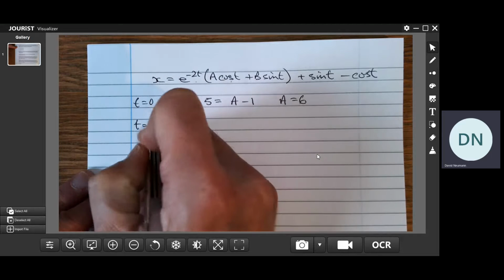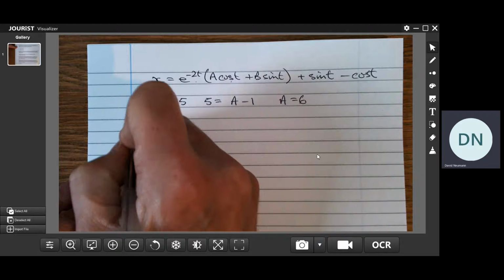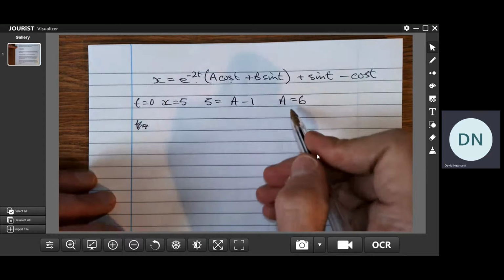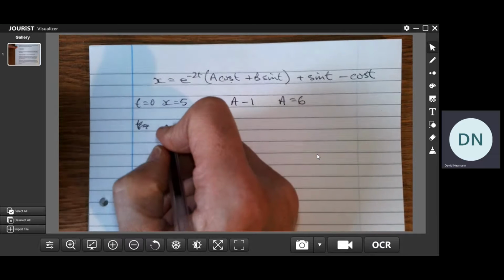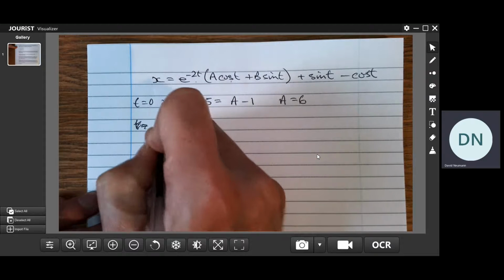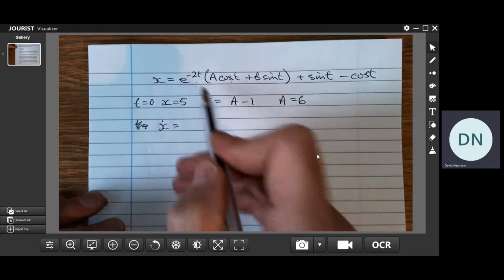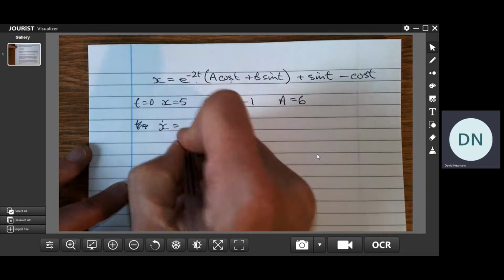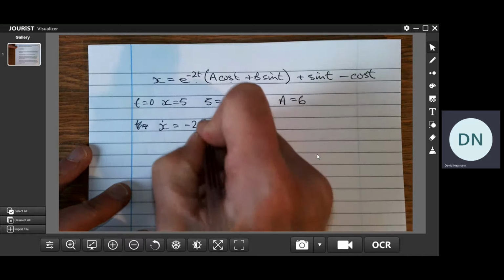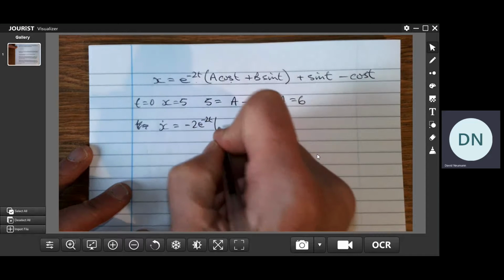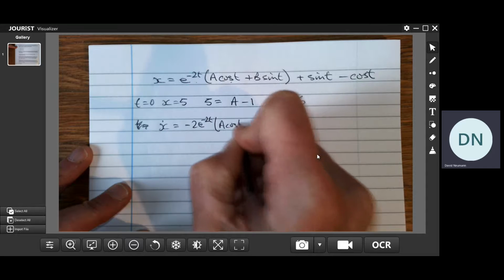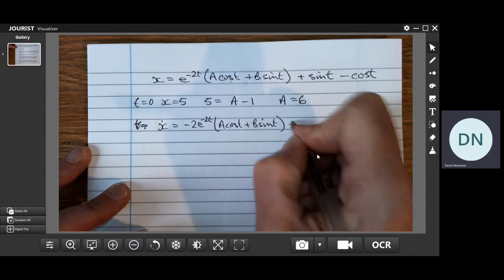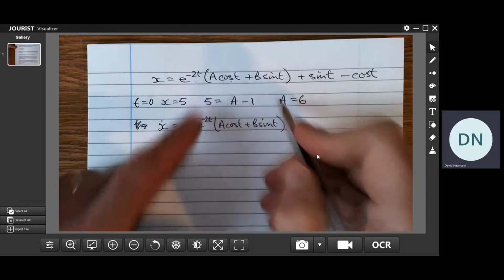Now we need to differentiate, don't we? So we've got x dot is equal to, well, if we differentiate this, we're going to get minus 2e to the minus 2t times (a cos t plus b sine t), plus, so we're using the product rule here.